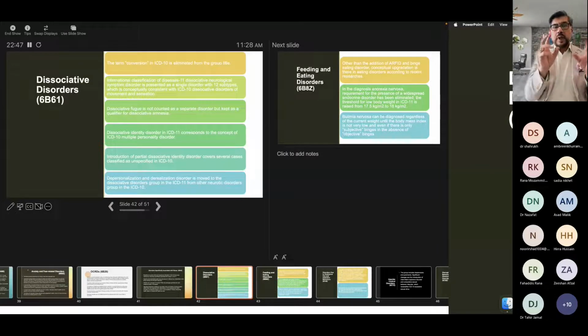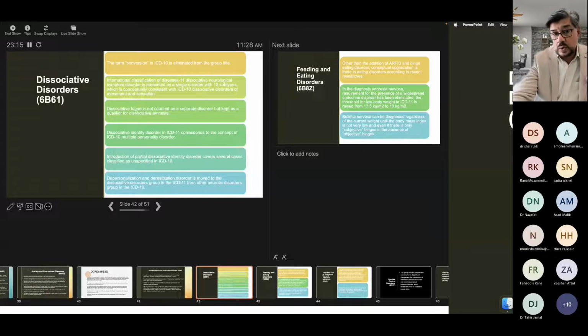So all the people who are having conversion and symptoms related to the sensory modality, motor modality, taste, fugue, seizures, identity, personality, they all come under one heading of dissociative disorders 6B61, and there are qualifiers for it, 12 of them. You can mention any one of them if you would like to.